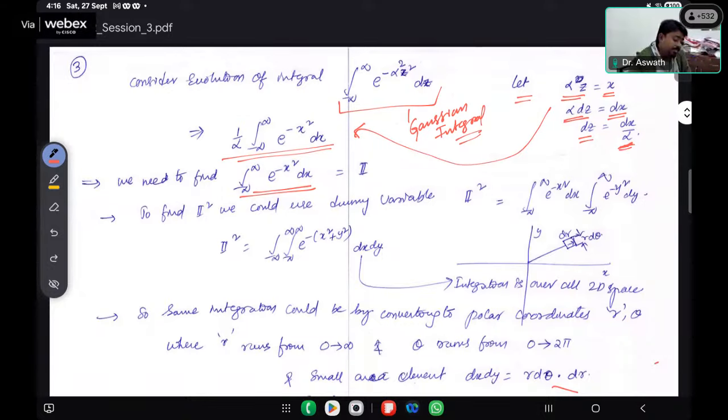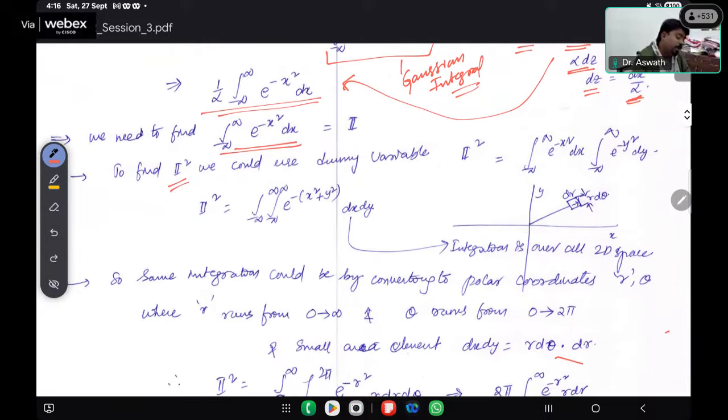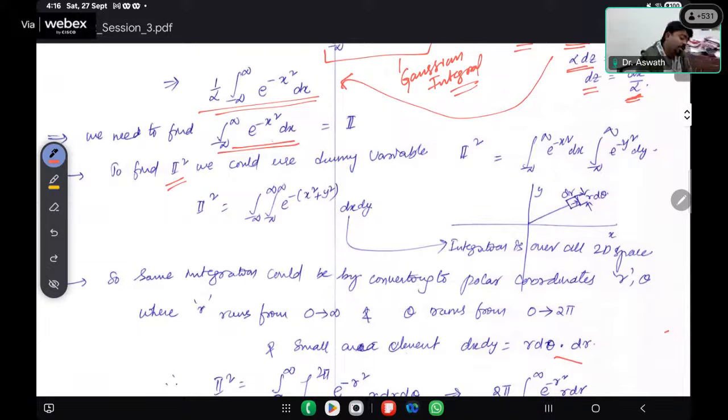I want to find this, but it is very tricky. So instead of finding it directly, I want to find the square of that integral. When I multiply the integrand with itself, I can't keep the same x, so I use a dummy variable to avoid mixing the terms.